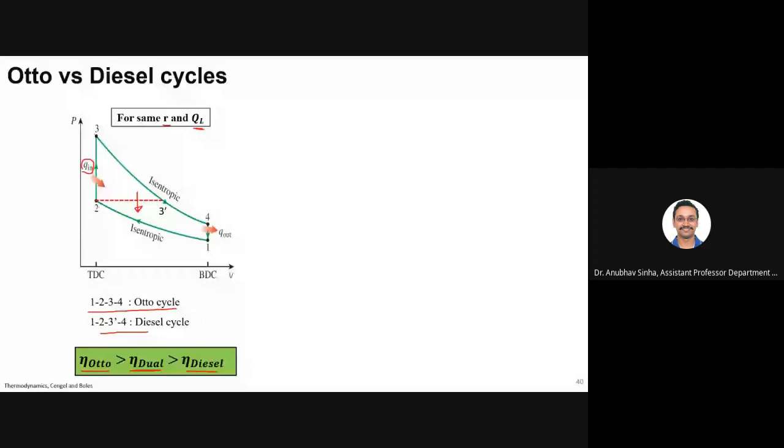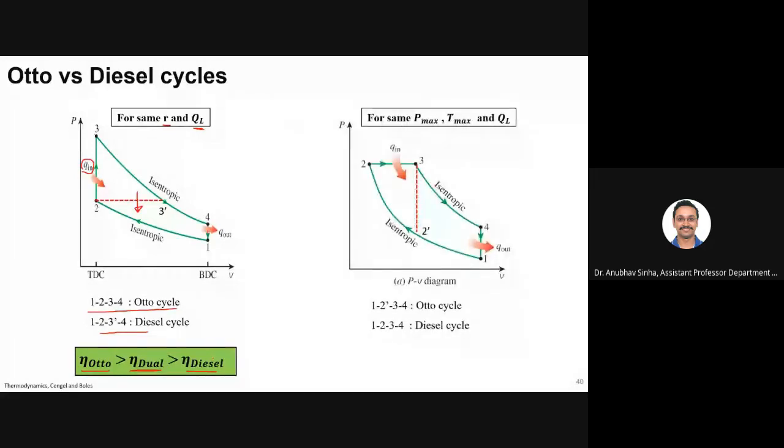Okay, or we can also define same Pmax and Tmax. So if you fix the Pmax and Tmax, this is how it will look. So what is shown in green? The green one is, sorry, diesel cycle. And see, this is constant pressure heat addition, so this has to be associated with diesel cycle.